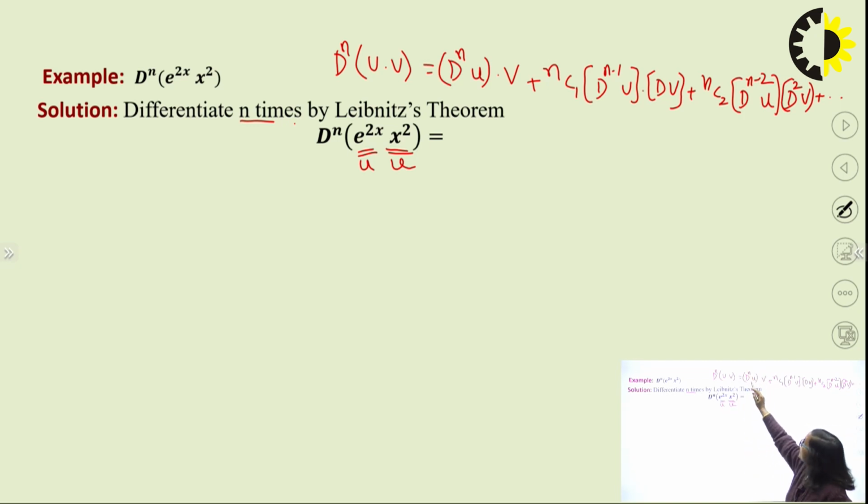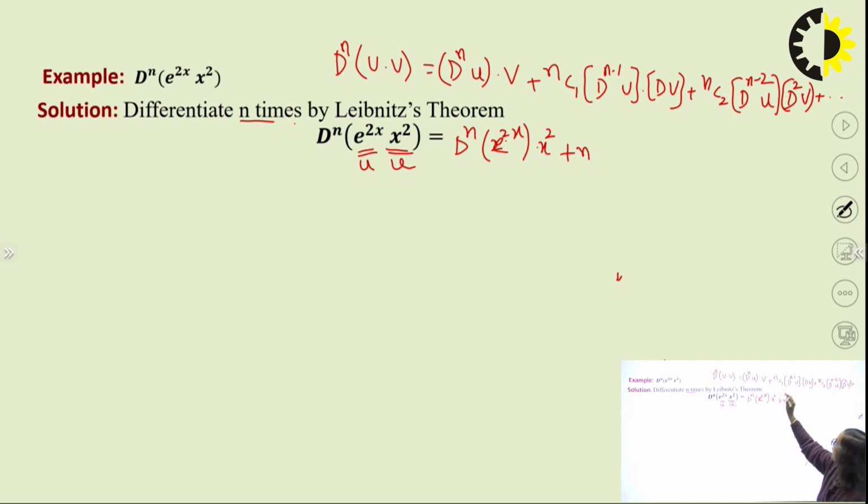The theorem says that we have to take the nth derivative of u. So I write the nth derivative of the first function e to the power 2x into the second function v, which is x square as it is, plus the next term, nC1. nC1 is nothing but n into the lower order derivative, meaning the n minus 1th order derivative of e to the power 2x into the first derivative of x square.